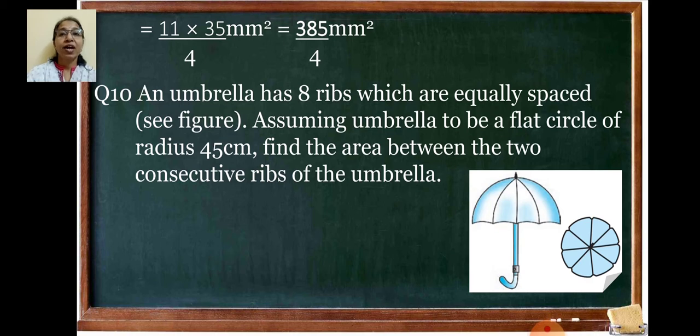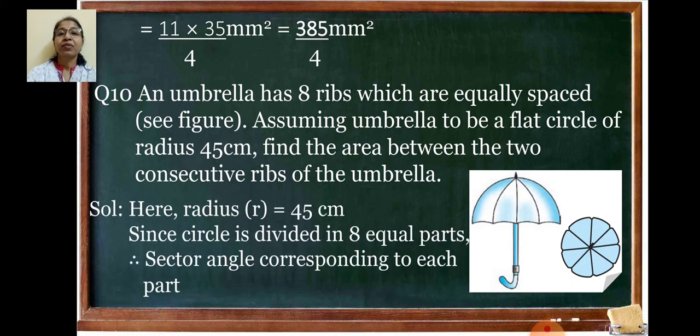So we have to find the area between two consecutive ribs. Two consecutive ribs make a sector of the circle. So first of all, we will find the central angle theta. The angle around the center is 360 degree.